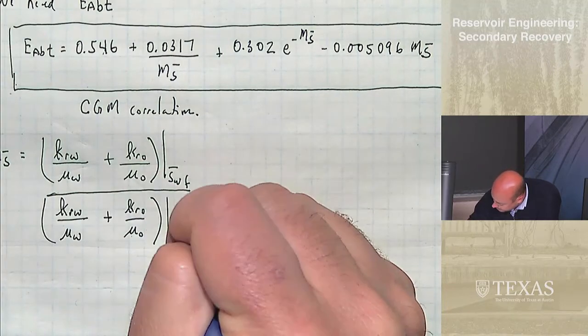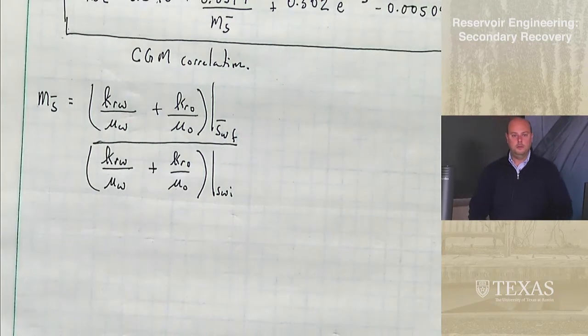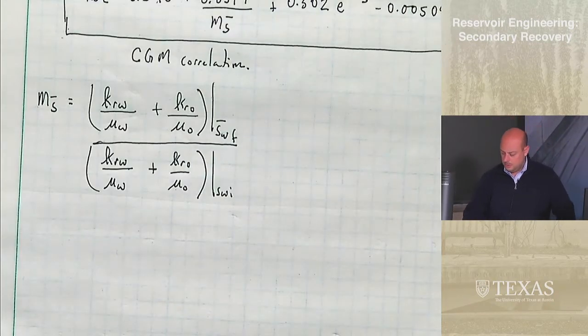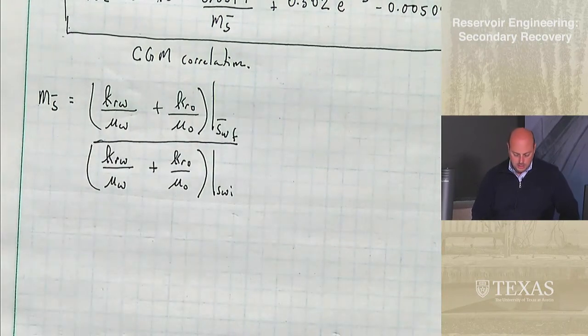This is evaluated at SWI. Okay, so we're going to calculate M bar, and then we can plug it into our EABT equation.